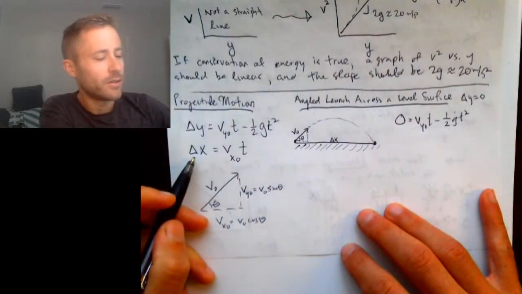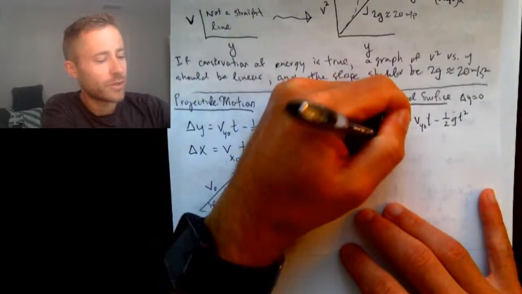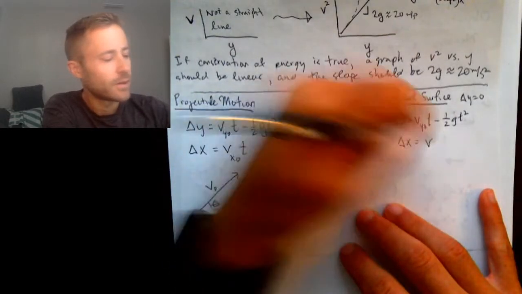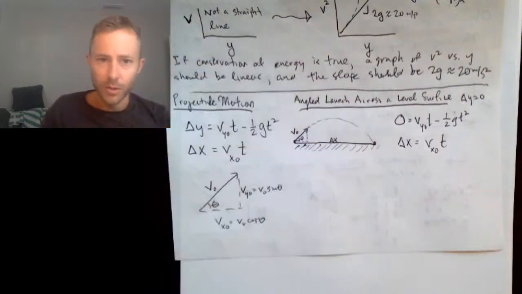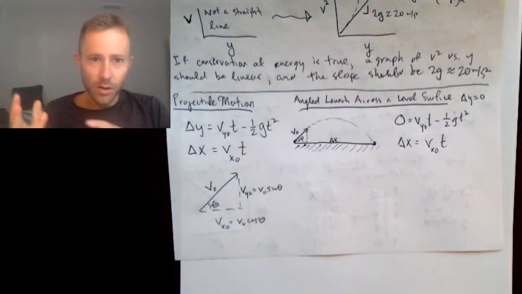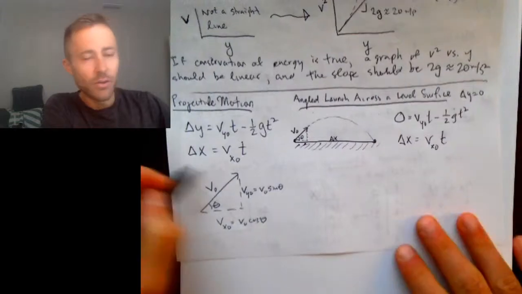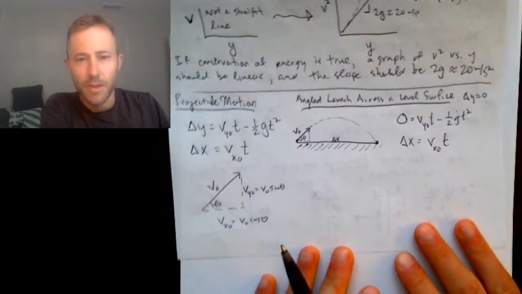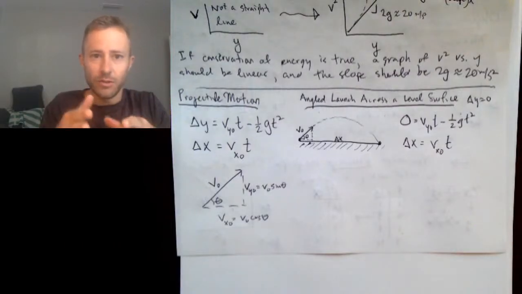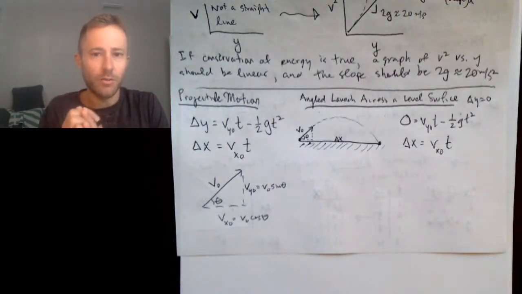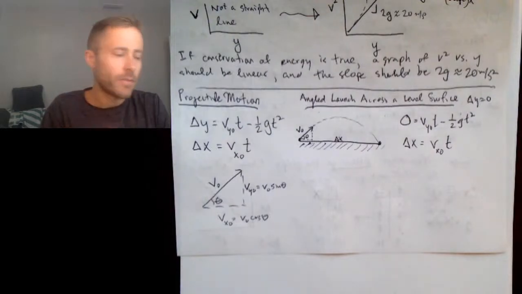And the delta x equation is unchanged. In other words, these are the general equations of projectile motion, but having more knowledge allows us to refine those equations to a particular scenario that we're studying.